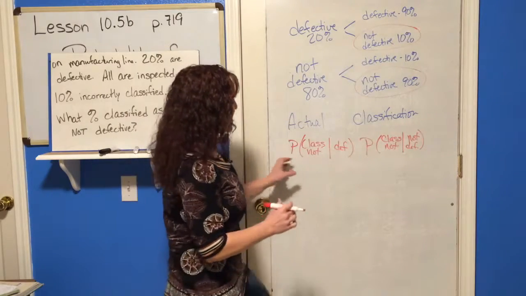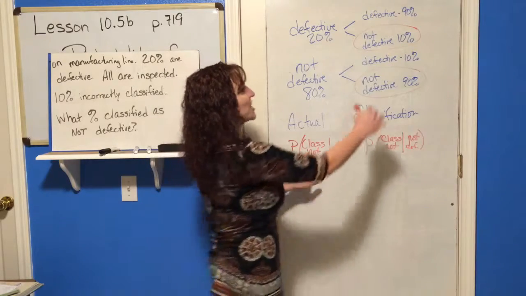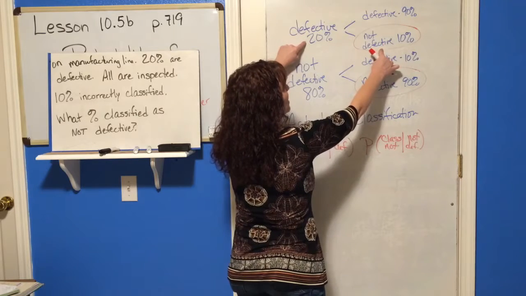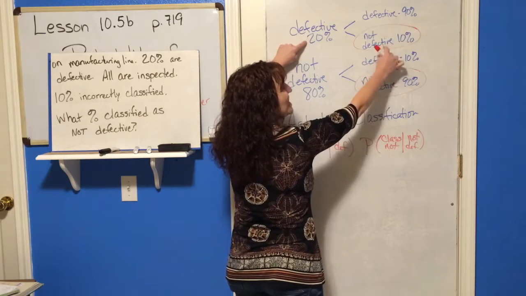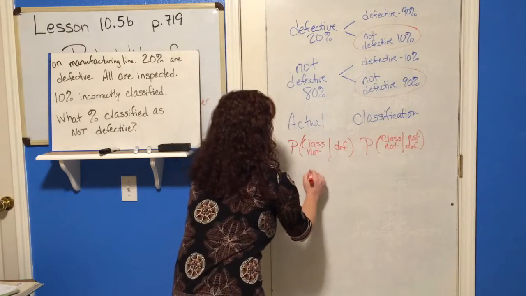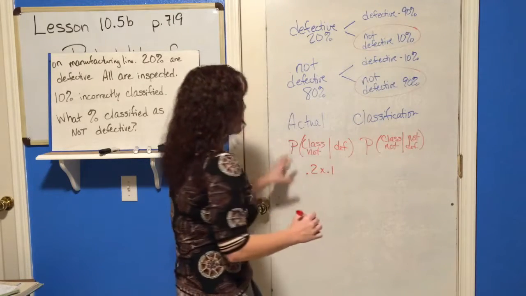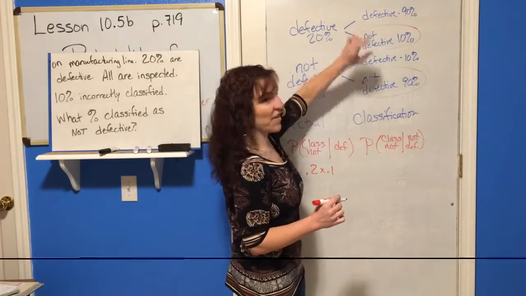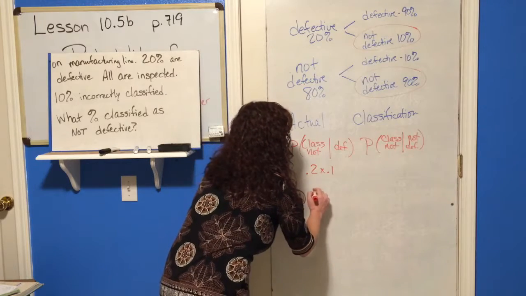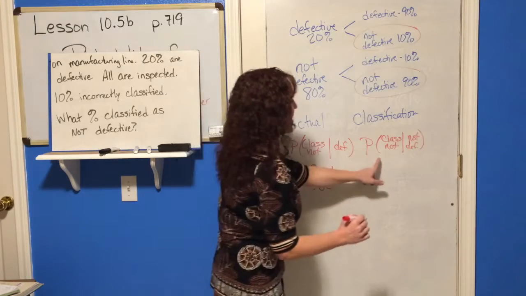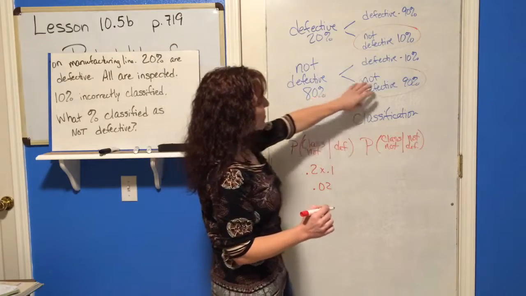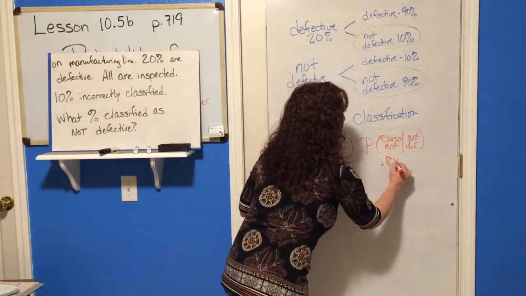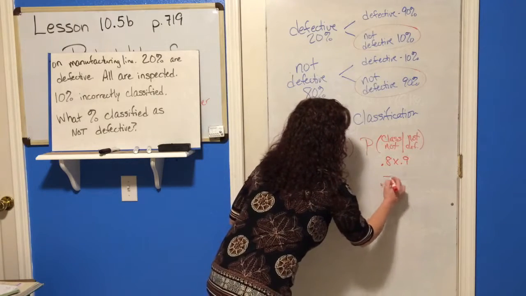So if I want to know if they're classified not defective, given that they are defective, 20% are defective, and I'm going to take the 20% times the 10%. And that gives me the probability that they're defective and they're classified as not defective. So that is 0.02. And then the probability that they're classified as not defective, given that they are not defective, is going to be 0.8 times 0.9, or 0.72.